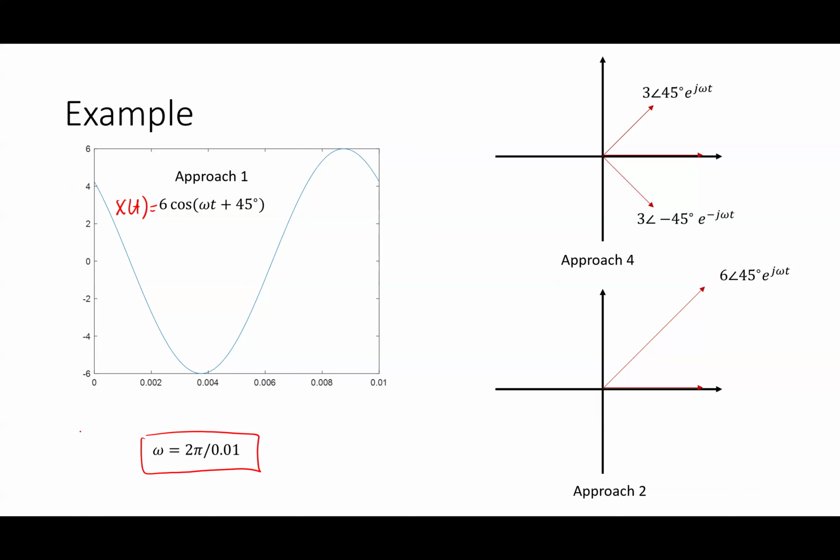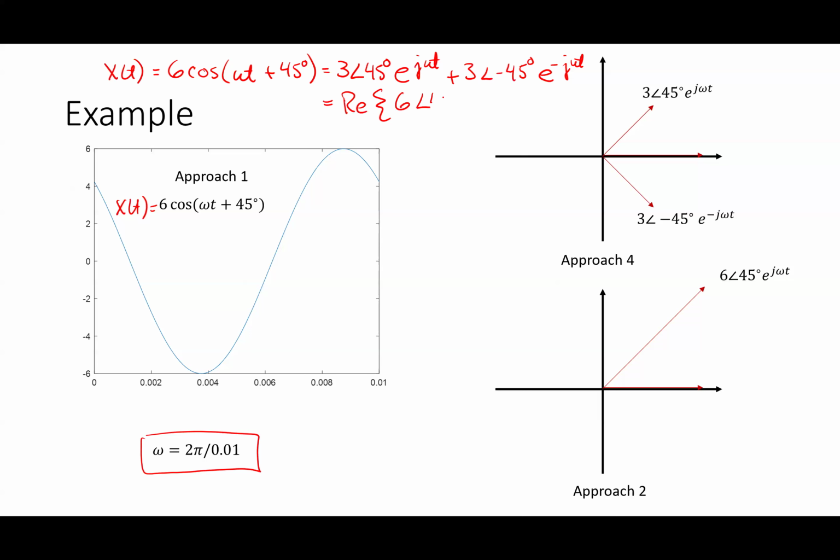Now, what is supposed to be true is that x of t, 6 cosine omega t plus 45 degrees, is equal to 3 angle 45 degrees e to the j omega t plus 3 angle negative 45 degrees e to the negative j omega t, and the real part of 6 angle 45 degrees e to the j omega t. That's what I'm saying here. All 3 of those things are equal.